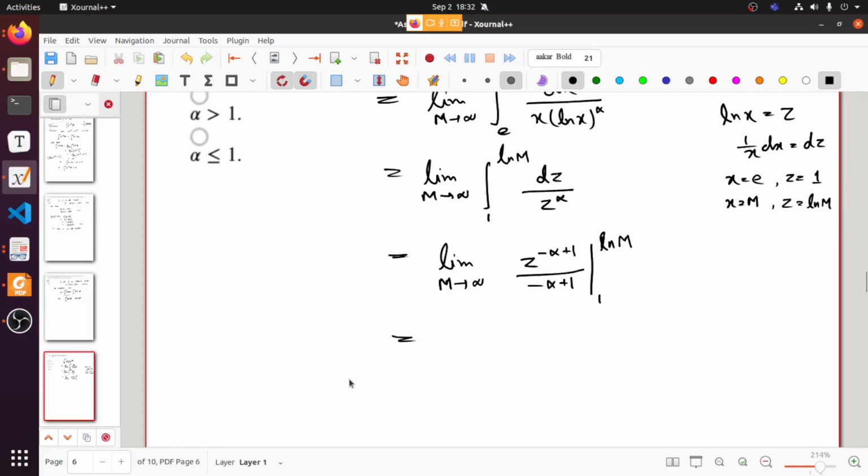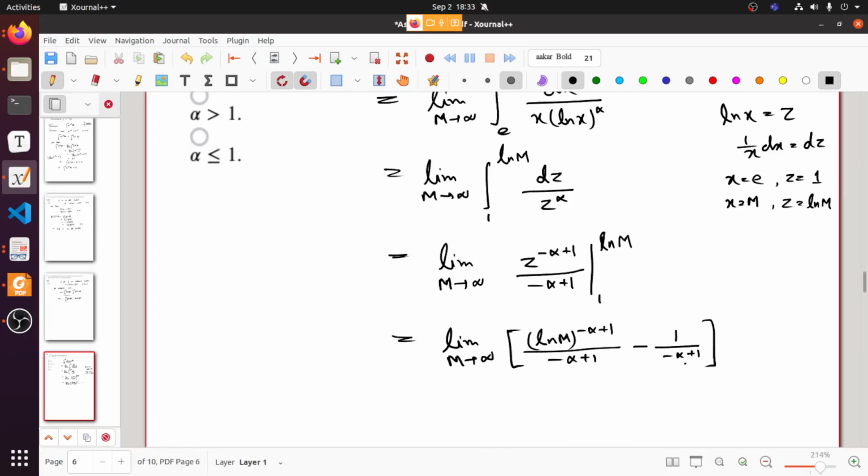Now if you put in the limits, you will get limit m tends to infinity of (ln m) to the power minus alpha plus 1 by minus alpha plus 1, and if you put 1, it will be 1 by minus alpha plus 1.